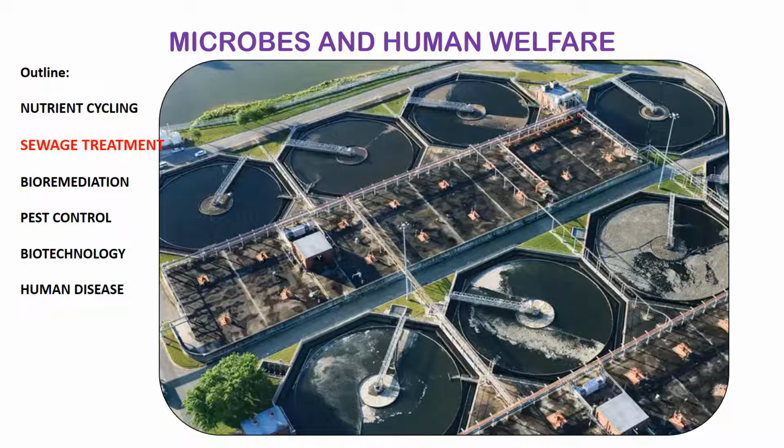The rest are suspended solids. So maybe we can use microbes to metabolize and remove the organic matter content or toxins. Or we can also remove harmful microbes from sewage. We will look at the process later.